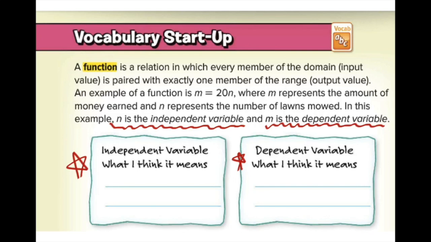What does it mean if somebody's independent, or what does it mean if somebody is dependent? And apply what you already know about those words to this situation. We are telling you n is an independent variable. Why would that possibly be? In general, what could an independent variable mean? And then do the same with dependent. You can go ahead and pause and fill that in.